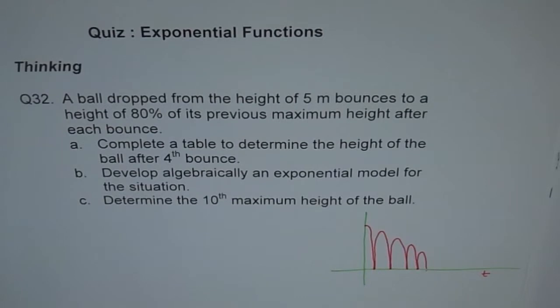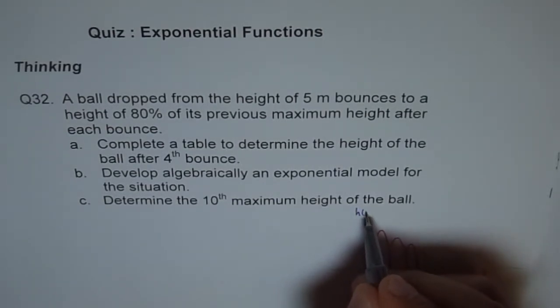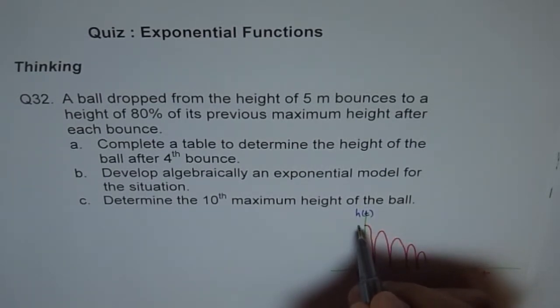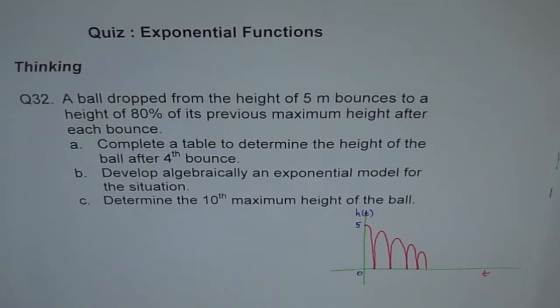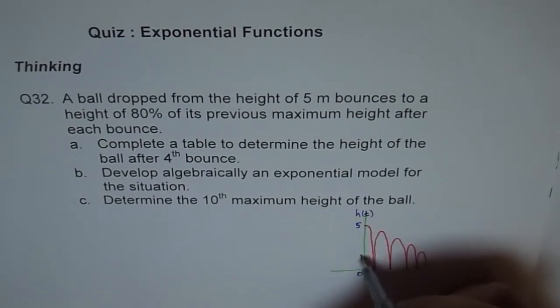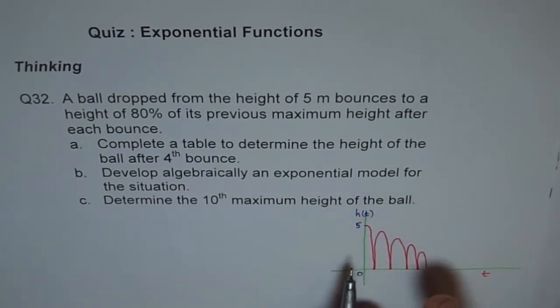Now let us say this is the height of the ball after each bounce, and at 0 we just released the ball from 5 meters. So 5 is the position when we released it. Strictly speaking, the ball is just bouncing in one place, and I'm stretching it out because of the time, to show how it will be after every second passing by.